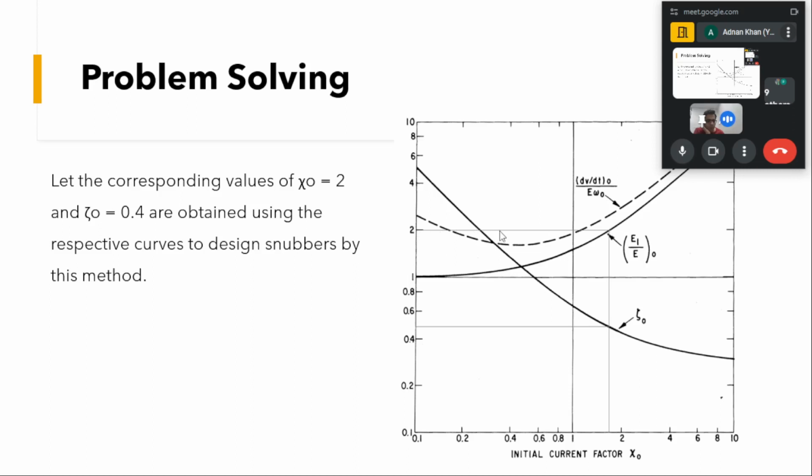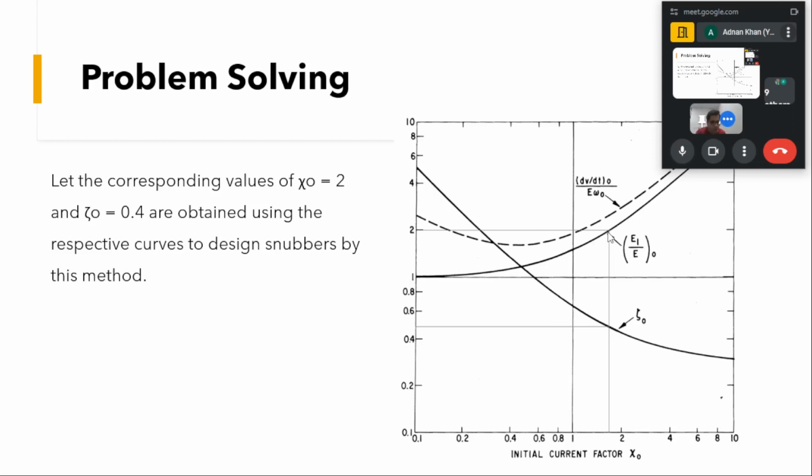They have already provided that they got these values from this graph. In a similar fashion, from this graph, for any value of E1 by E, let us say 1.4, 2.5 or anything, you can calculate the chi and xi values.